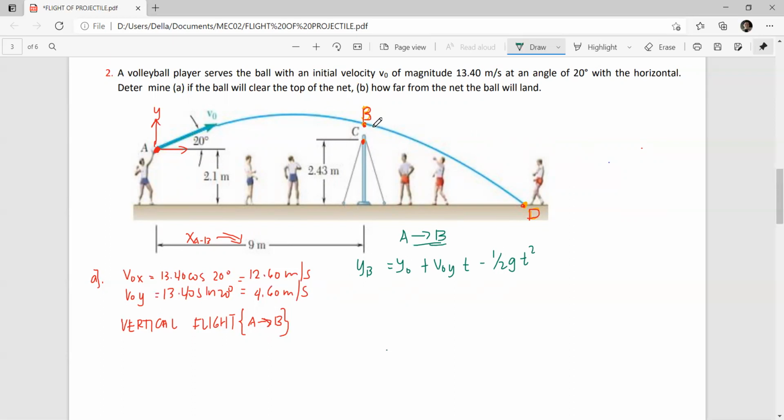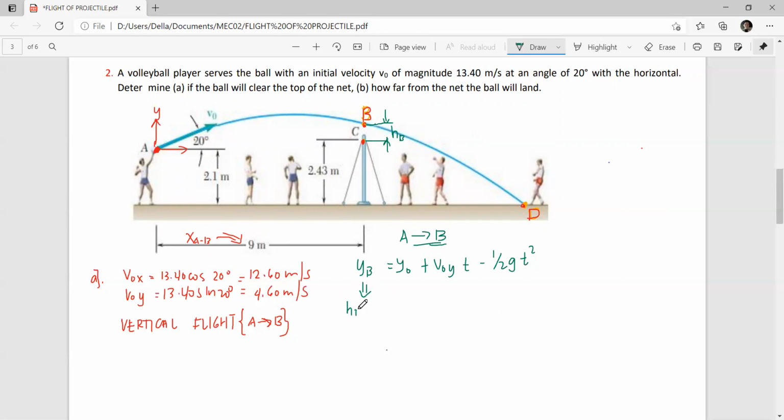Okay. So let us label it as HB, that is unknown.